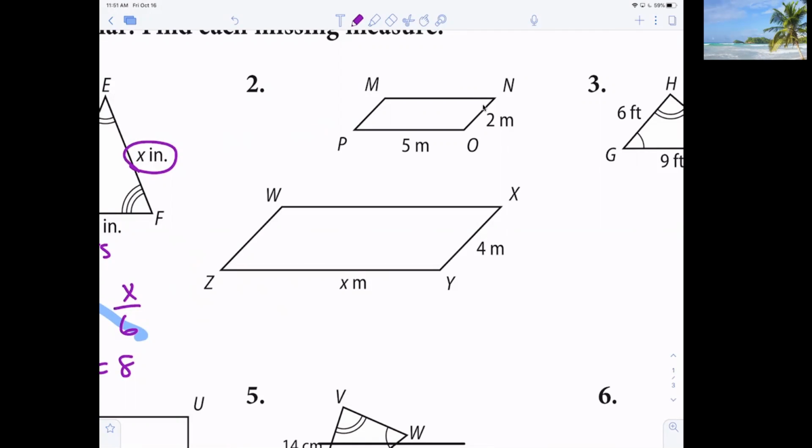Watch up here. Do you understand that 2 and the 4 are related? This side corresponds to this side. I'm not going to say 2 goes with x. You can see how that's a mistake.